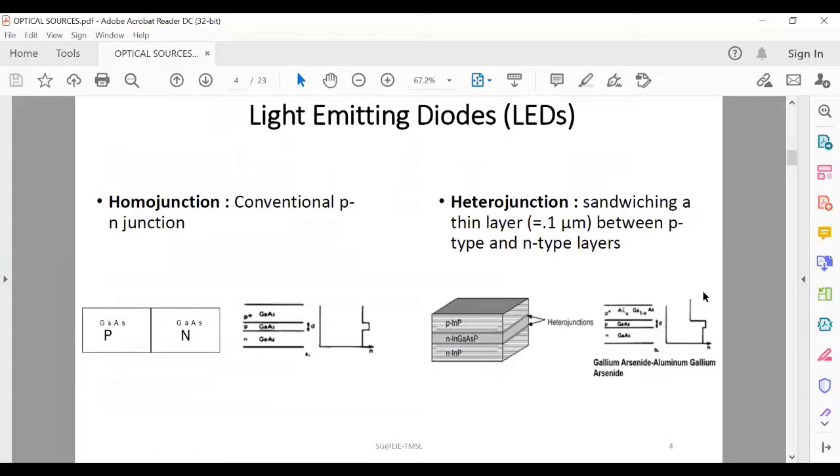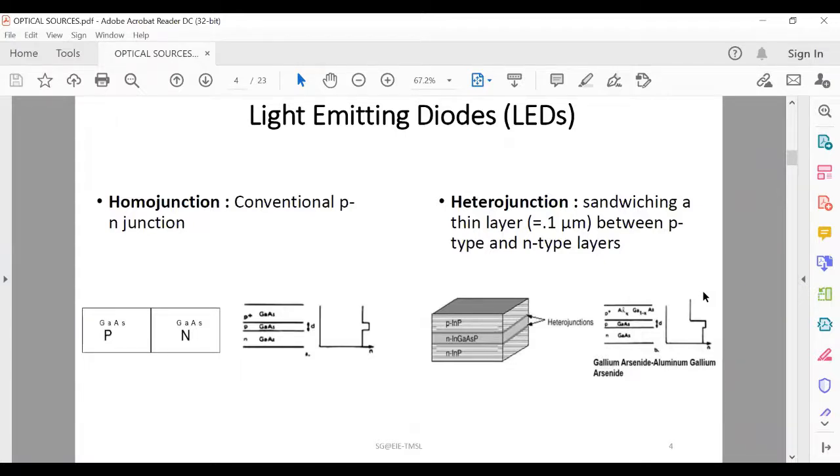Light emitting diodes, in short called LED. The conventional PN junction is called a homojunction, as the same semiconductor material is used on both sides of the junction. The electron hole recombination occurs in a relatively wide layer. As the carriers are not confined to the immediate vicinity of the junction, high current densities cannot be realized.